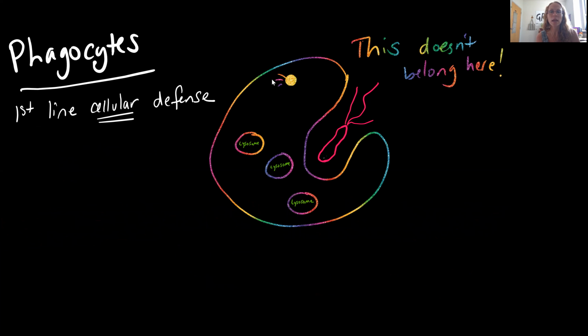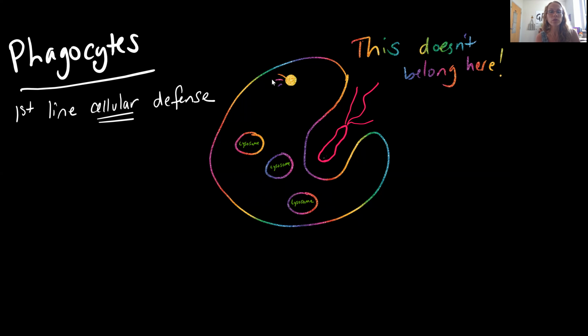Okay, next we have phagocytes, which we've been talking about, phagocytosis, from the very beginning of the course. Your phagocytes are considered your first line of cellular defense because it is their job to move through the body and identify that the cells are foreign. They don't know their name, who or what they are. They just know they don't belong, and then phagocytize it. So phagocytes include white blood cells that we already talked about in chapter 19.